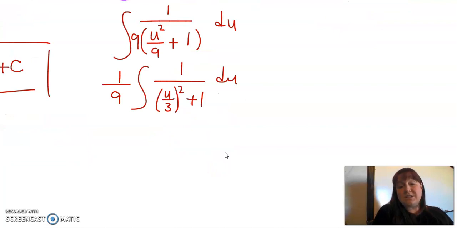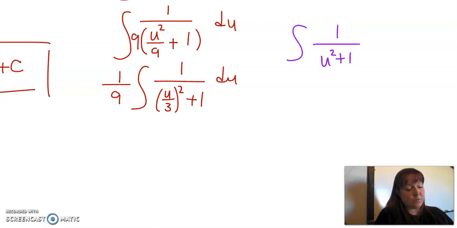So now this looks like arctangent, right? Arctangent is the integral of 1 over something squared plus 1 du equals arctan of that something, right? So what is this something?